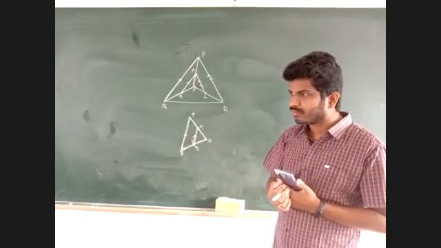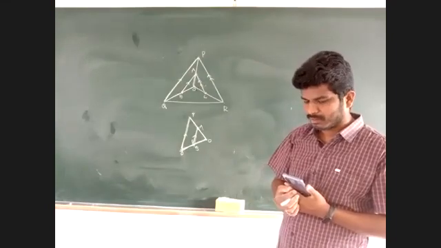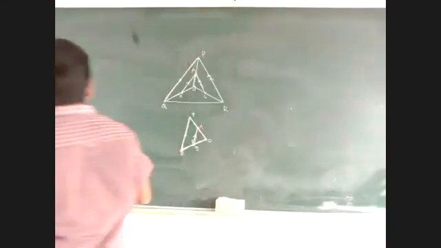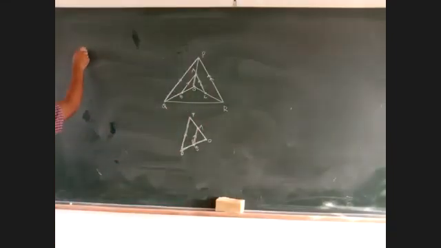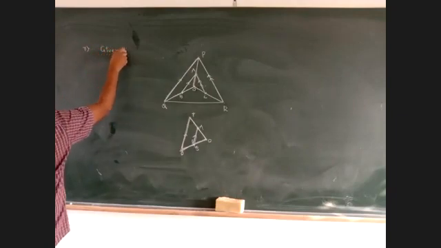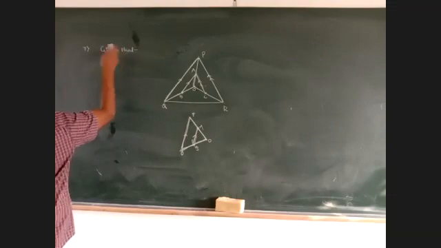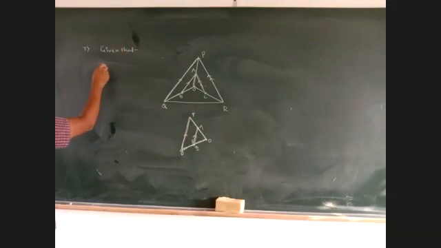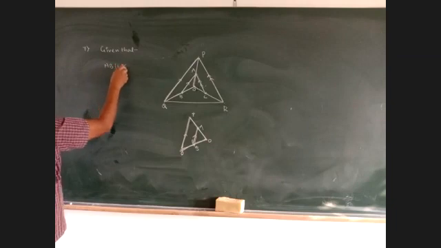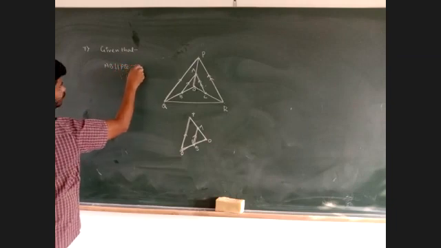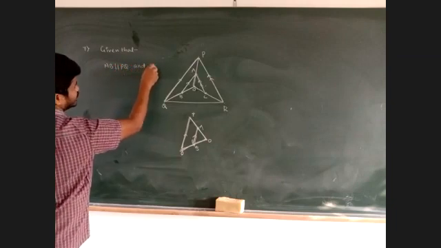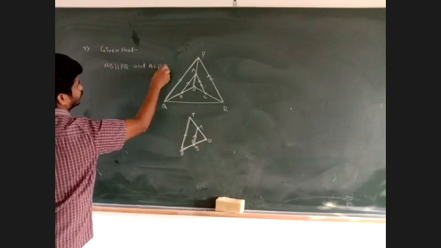Is it right? Yes, sir. Given that, the seventh one: AB is parallel to PQ, and AC is parallel to PR.